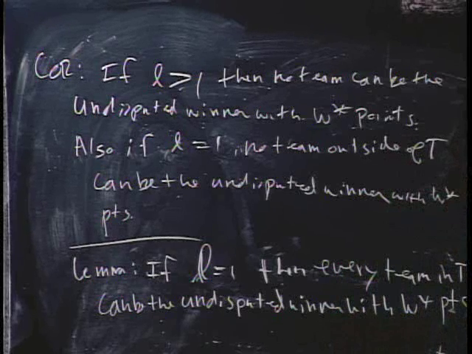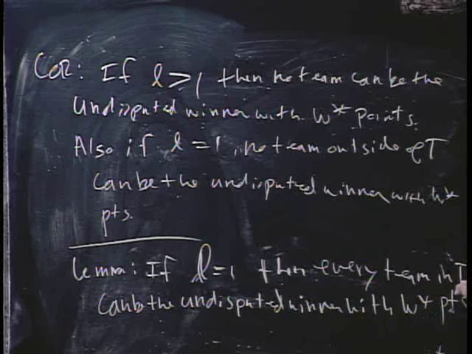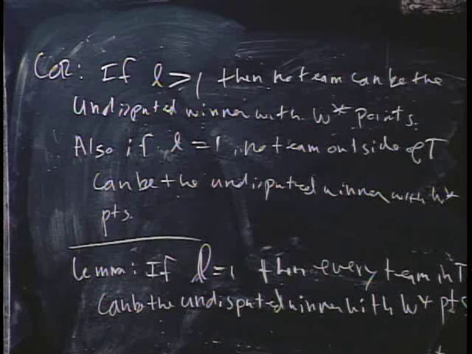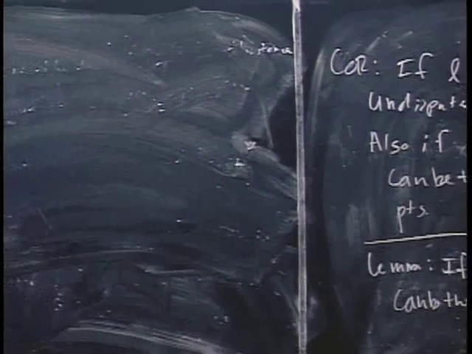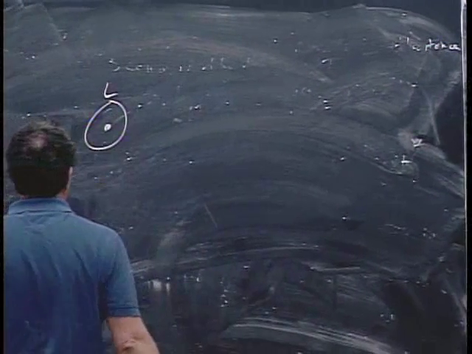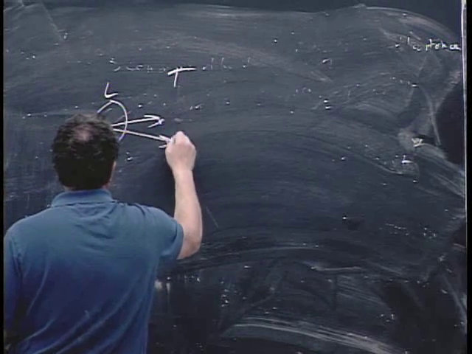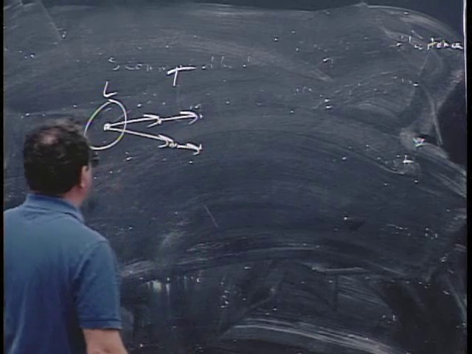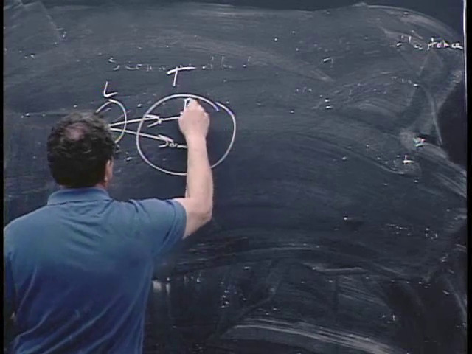And why is that? That's constructive, from the definitions of T. Okay, so we'll just do a little picture here, which will basically show you what's going on in that proof. So we have L, which is just a single team now, and we have T, if it exists. We have R out here, if it exists.